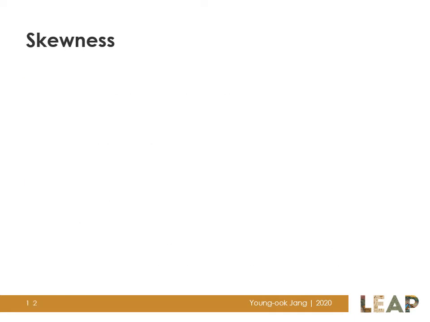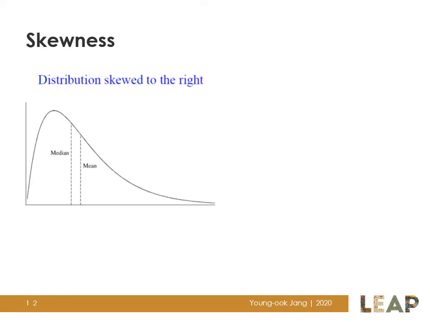Here, the skewness. If your variable has a distribution skewed to the right, that means it has an outlier on the right-hand side. If you have one big value in a variable, then your mean will be larger than the median, right?